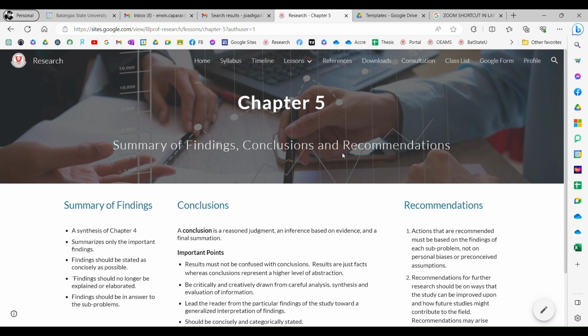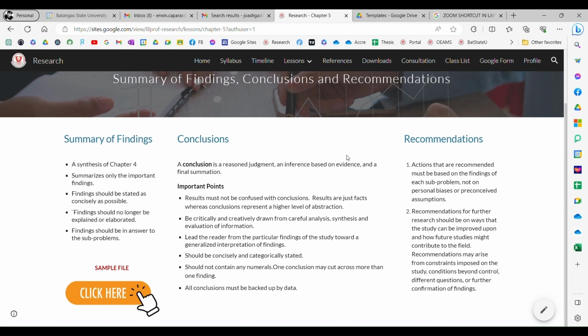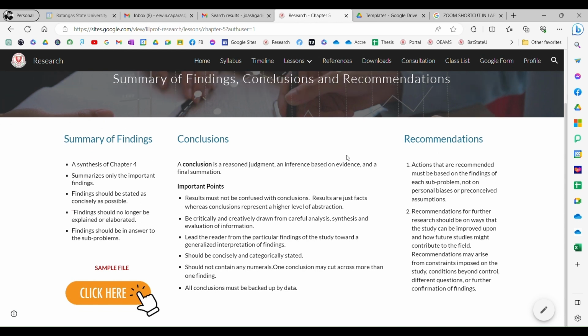In just one sentence, you will have to make a generalization, an inference, or a final summation of what you have presented in the summary of findings. The results must not be confused with conclusions. Results are just facts, whereas conclusions represent a higher level of abstraction.